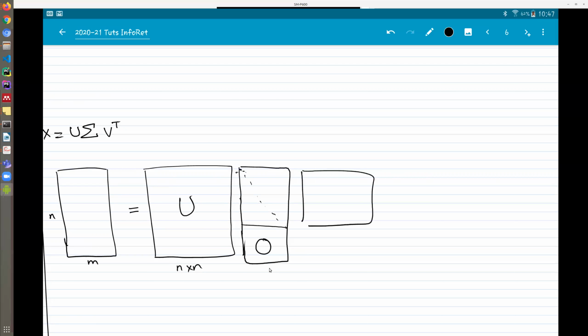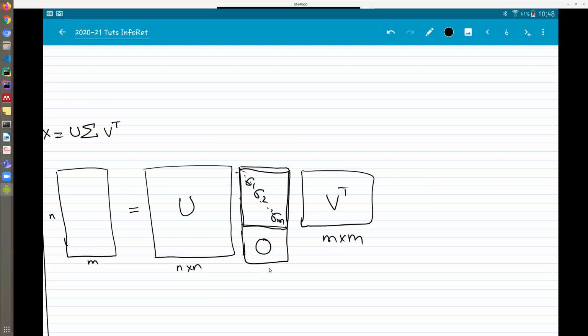This is the m by m part, the V transpose, and this is the sigma. Here we have the values sigma 1, sigma 2, up to sigma m, because m is right now smaller than n. And again, it is actually a bit more involved than that.